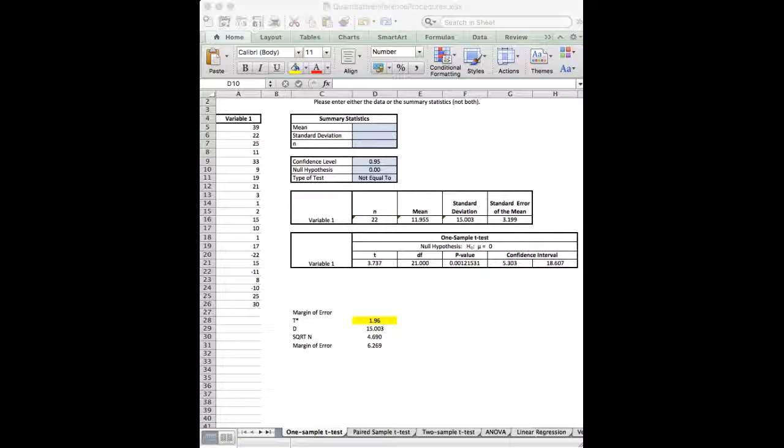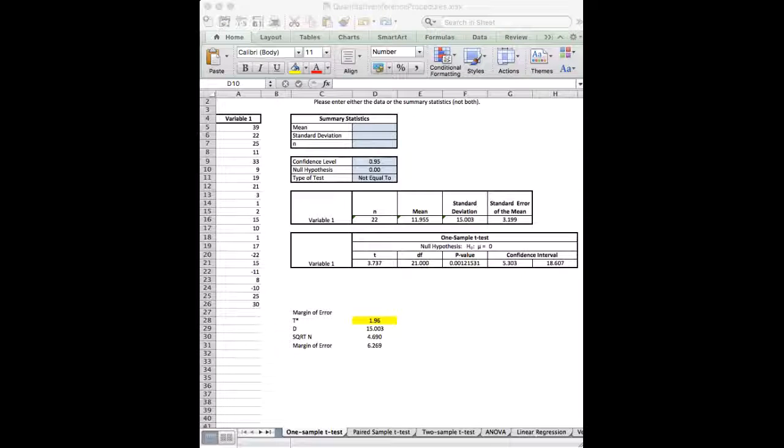Number of successes, number of trials. I don't know if that is good. All right. Margin of error, math celebrity.